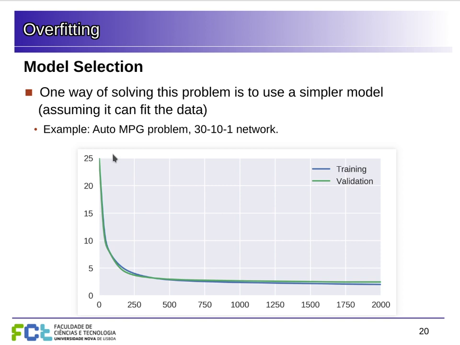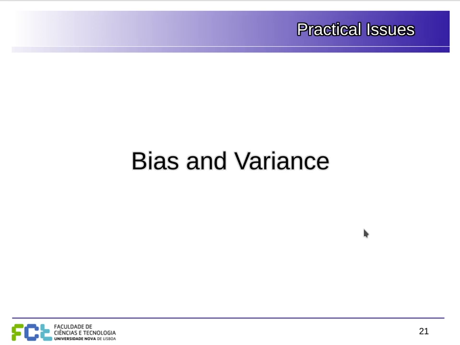Of course, it can happen, if you use a very simple model, that both the training and validation error are very large. This means that your network is underfitting. You cannot even learn the useful features about the training set, and that's why you cannot have good results. So by experimenting with different models and looking at these values, you can try to fine-tune things and get a better result at the end.